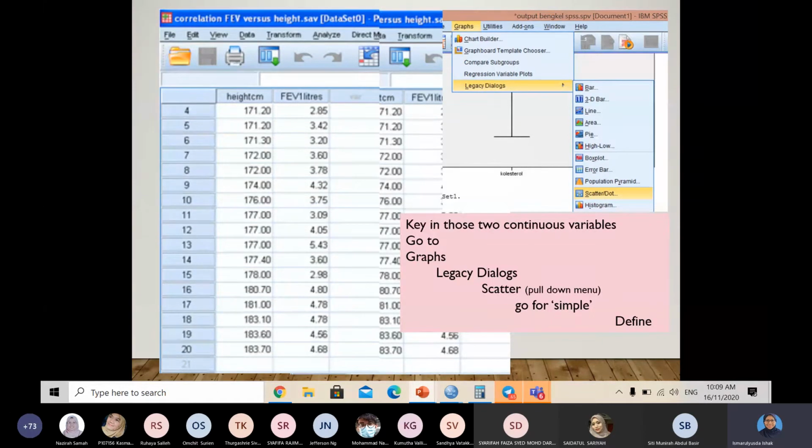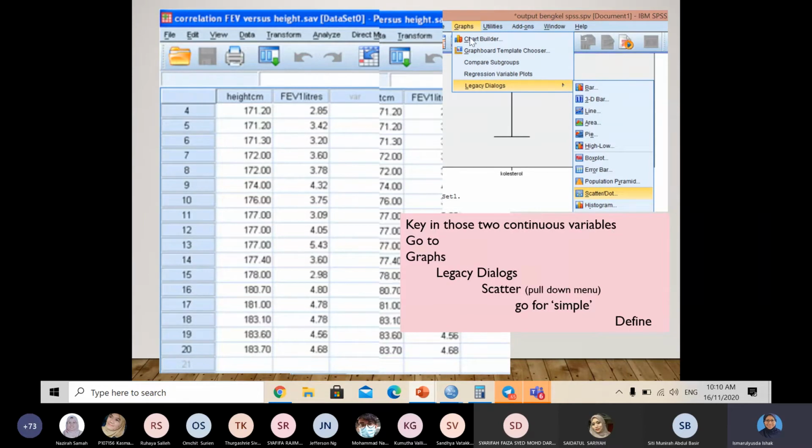Okay, that is another difference between correlations and regressions. In regressions, you have to identify which one is independent, which one is dependent. But in correlation, no. We can choose two continuous variables. So I choose from here, may key in those two continuous variables.